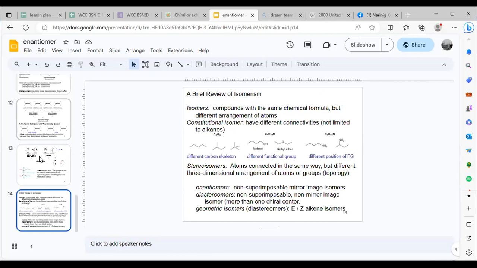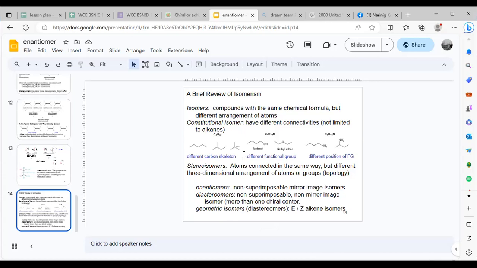Okay, to summarize, isomers are compounds with the same chemical formula but different arrangement of atoms. If you have a structural or constitutional isomer, they have different connectivities. So they're not limited to alkanes.